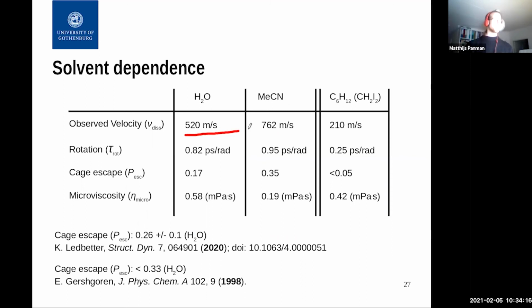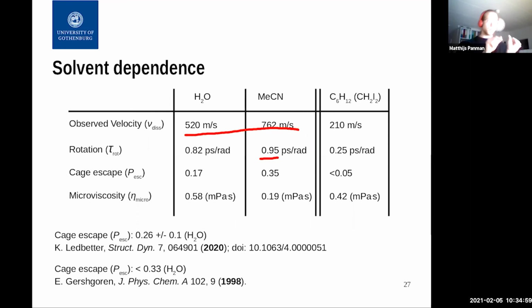And I want to draw your attention to the velocity. In the case of acetonitrile, this velocity is significantly higher than in water. This is coupled with a slower rotational lifetime as compared to water, and these two parameters together are interesting because we know from spectroscopy and previous synchrotron experiments on the dissociation of triiodide that the ground state structure of triiodide is more linear and symmetric in acetonitrile than in water.